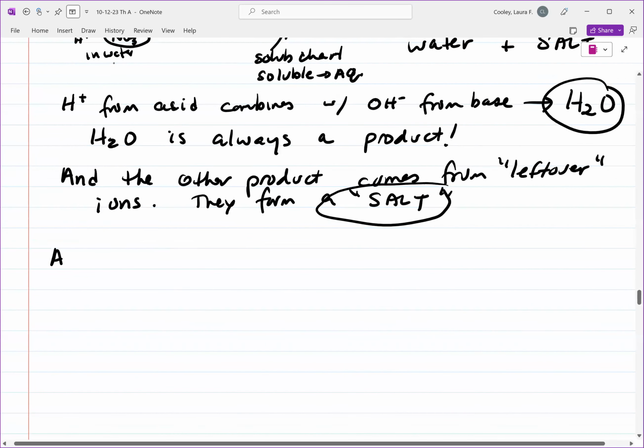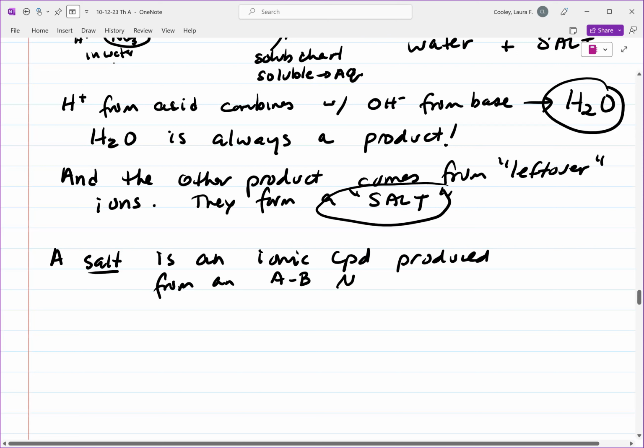So a salt is an ionic compound produced from an acid-base neutralization reaction.